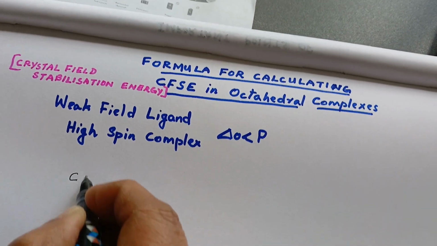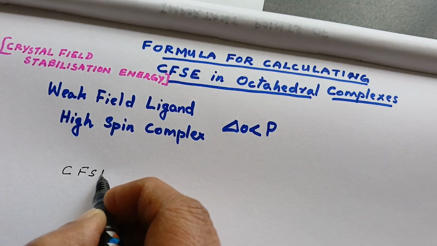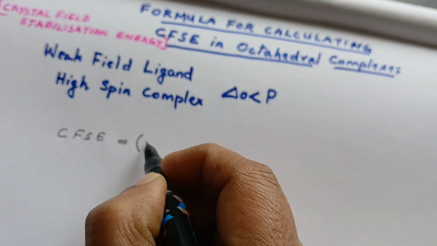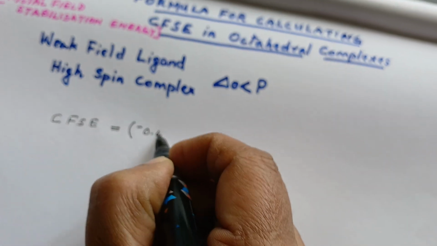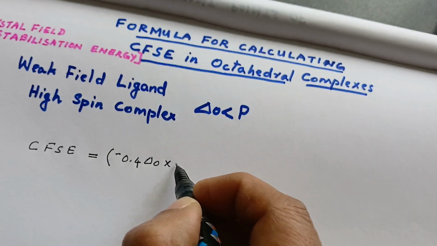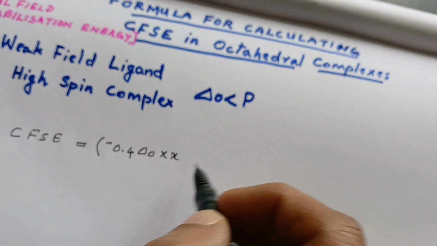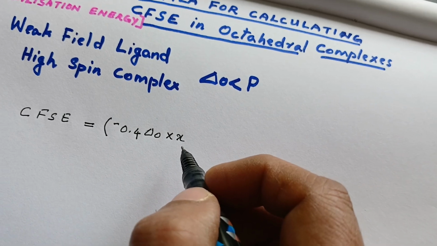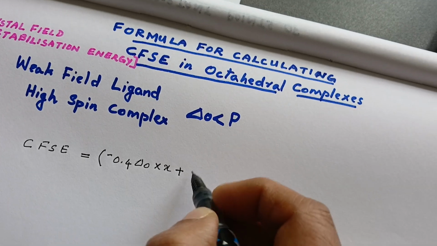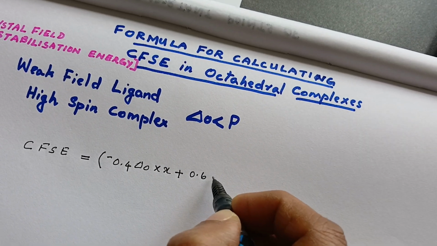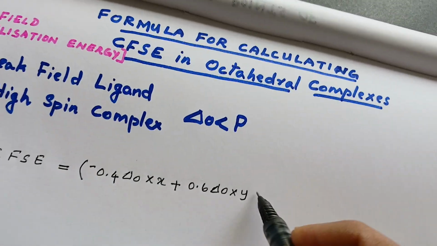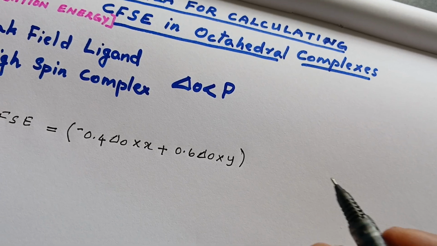So that is CFSE equals minus 0.4 delta O into X. Let us take X as the number of electrons in the T2G set, plus 0.6 delta O into Y, where Y is the number of electrons in the EG set.